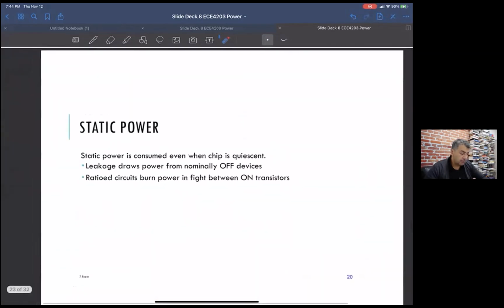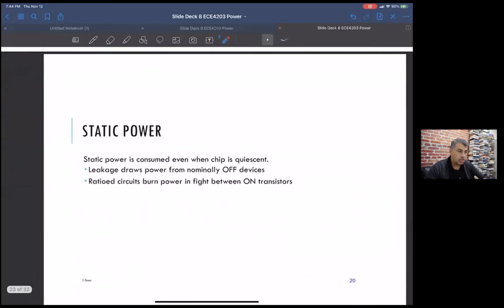Okay, so that was everything on dynamic power. That's when things are switching. But like I mentioned, even the things that aren't switching leak, so you take up static power.